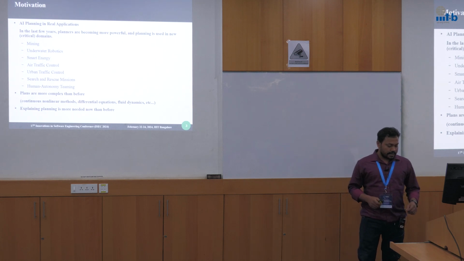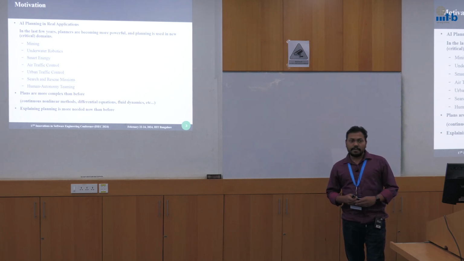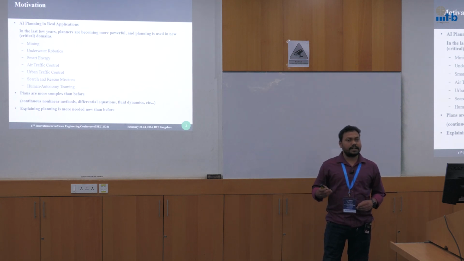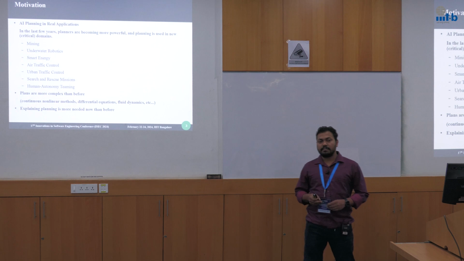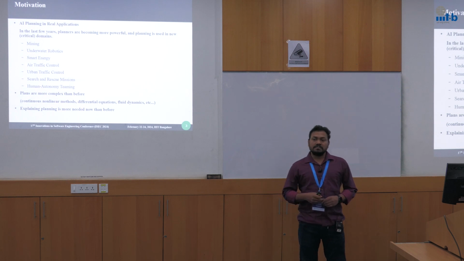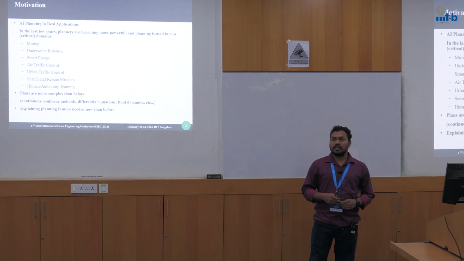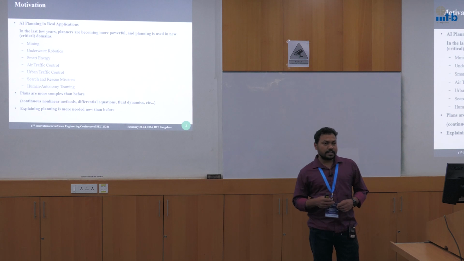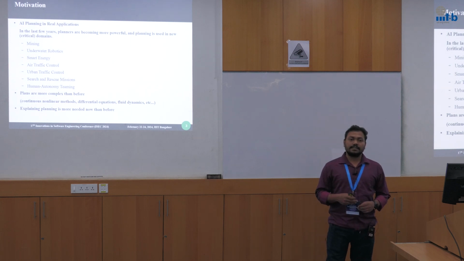So we all know that AI planning is now applied in many safety critical real-world application areas. To name a few, like mining, robotics, traffic control, search and rescue missions, etc. And these domains are complex in nature. So plans for these domains are also complex, and such plans need explanation to the end user.